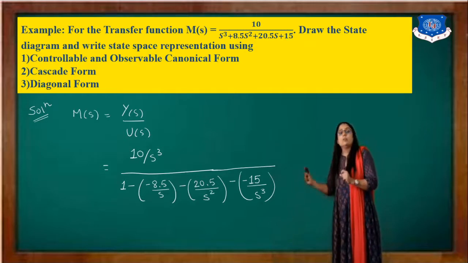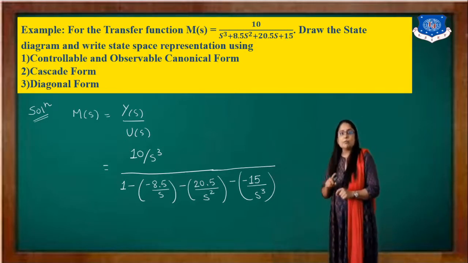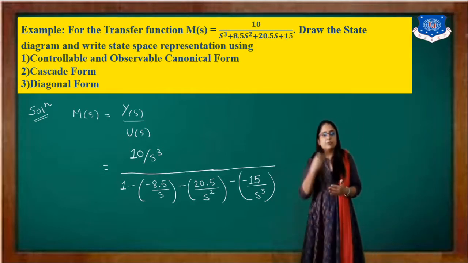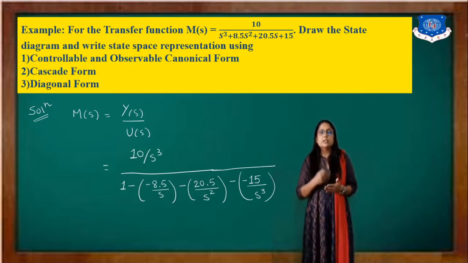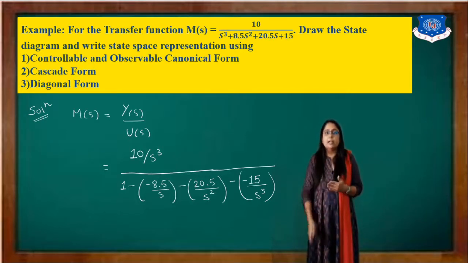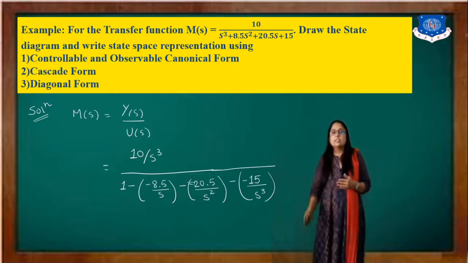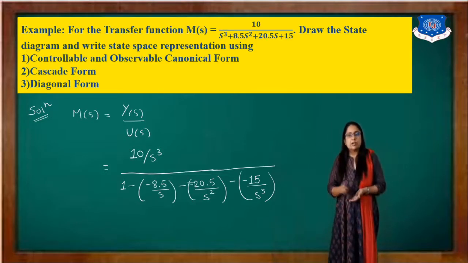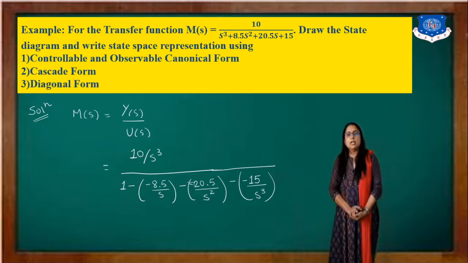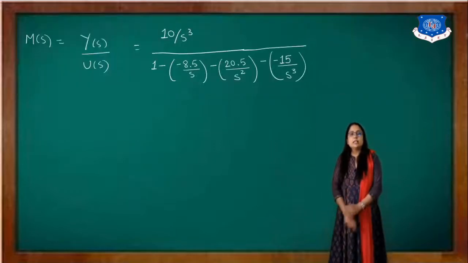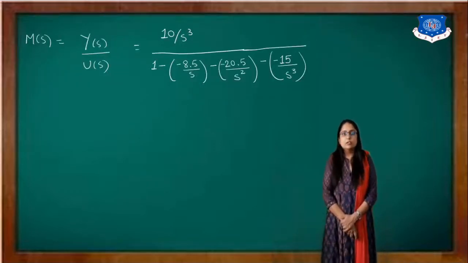So here I want a minus sign. That's why I am writing 1 minus 8.5 by s minus 20.5 upon s square, then minus 15 upon s cube. Now this is our equation.